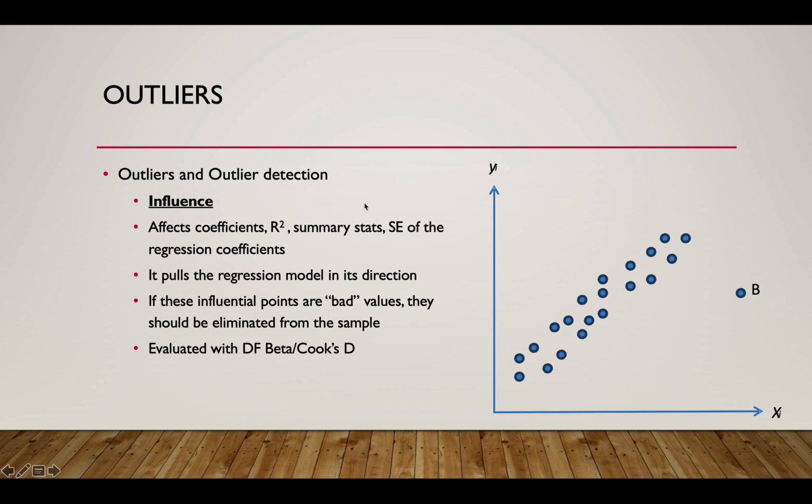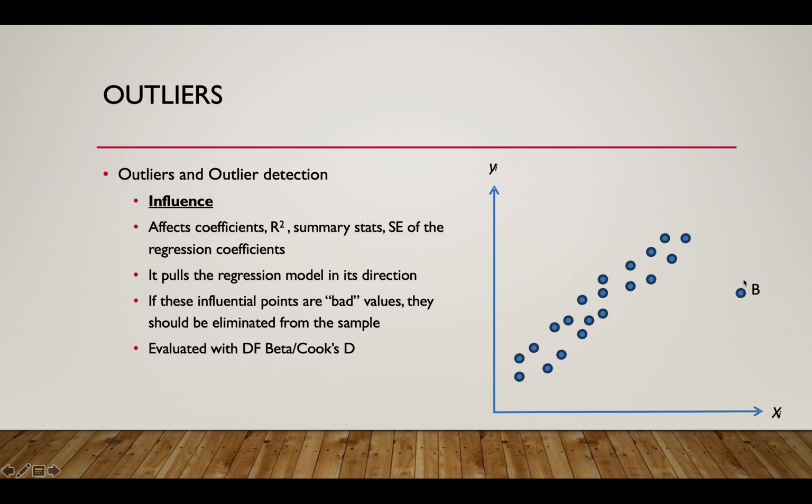All right, the next thing that we have is influence. Influence is a little bit different. Influence affects your beta coefficients. It also affects your R squared, your summary statistics, the standard error of your regression coefficients, all kinds of model related issues. In general, it pulls your regression model in the direction of beta. It can move your intercept. Note here that you would have a nice line here, and you would have an intercept down here.